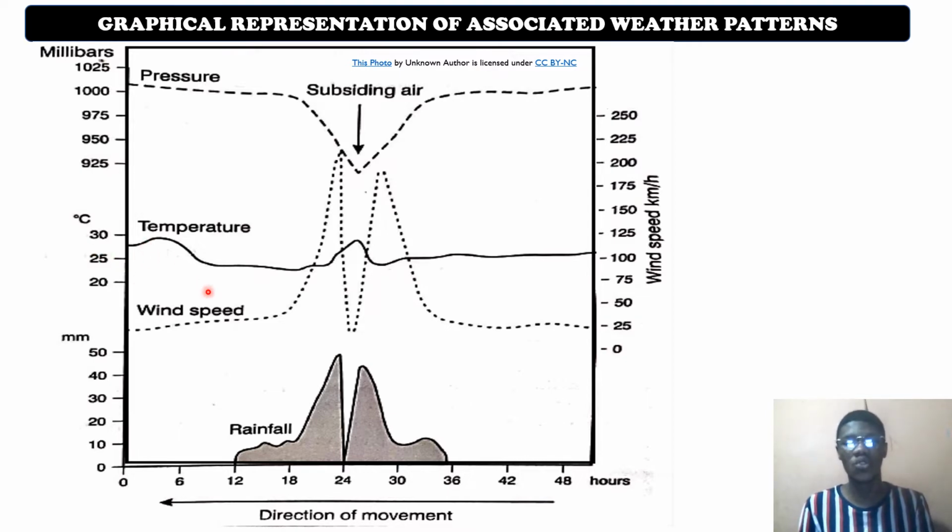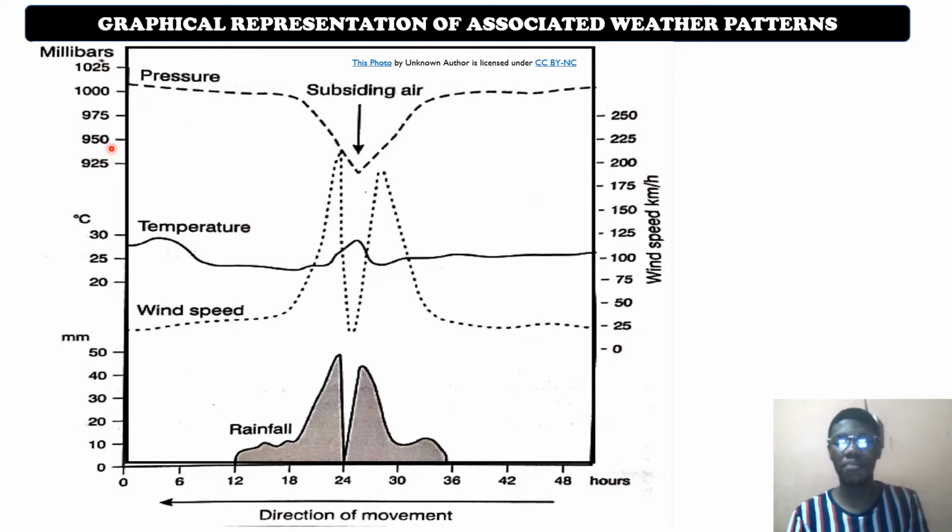Remember, that's the temperatures we're talking about. Now, temperature in the ocean is demarcated by this thick solid line. And then we have pressure there at the top. So that is demarcated by your thicker dotted line, right? And this pressure is measured in millibars.